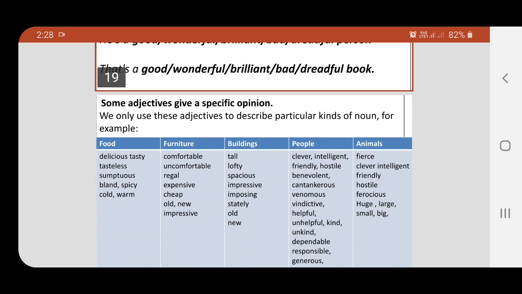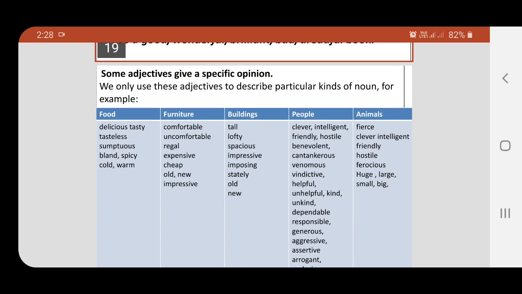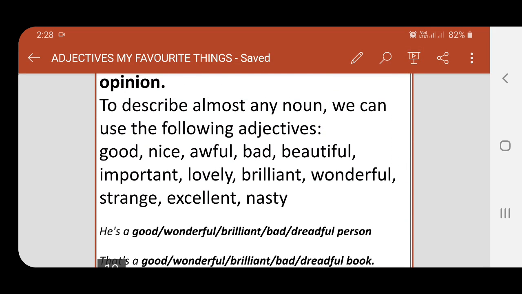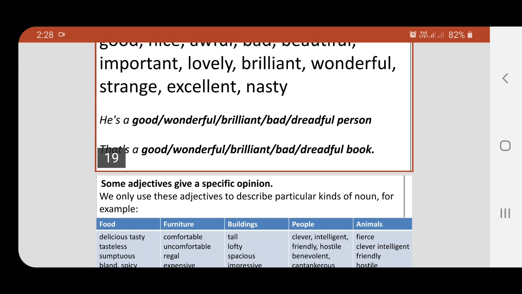We have another class of adjectives. That is, some of the adjectives give you a specific opinion. Adjectives which give you a general opinion, and adjectives which are giving you a specific opinion, the second category.